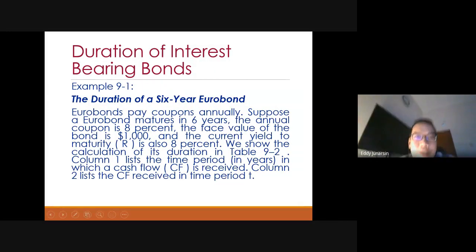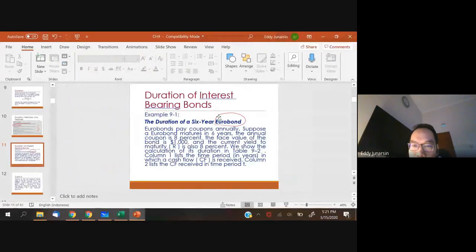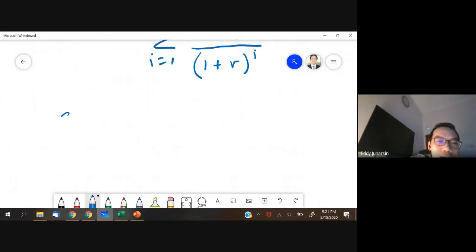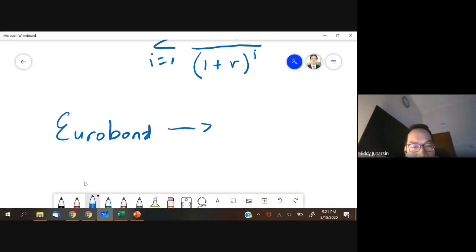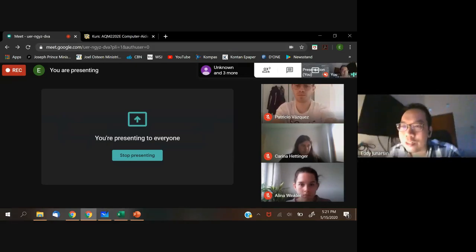So the first example here is the duration of a 6-year Eurobond. I hope you got it from other courses already, Eurobond, Eurodollar or something. So what is the definition of a Eurobond? Any one of you got this terminology before?